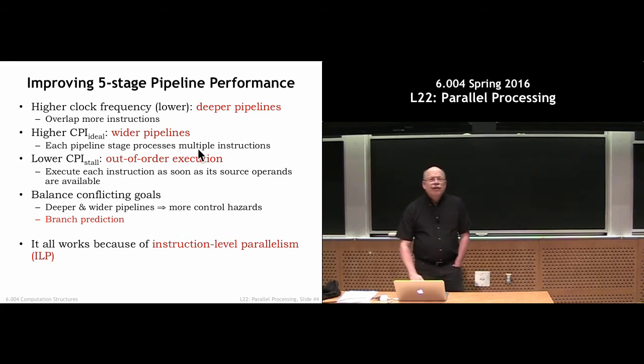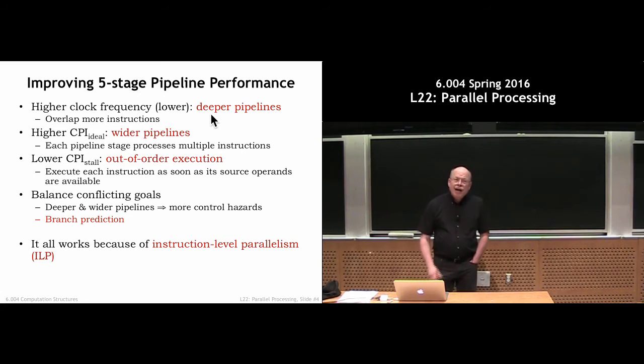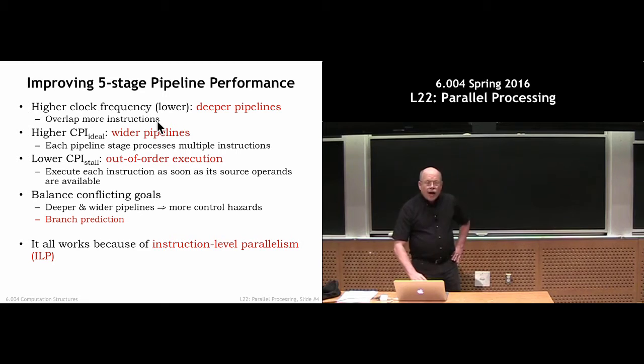So what can we do to fix up our 5-stage pipeline performance? Well, we can look for deeper pipelines, go to a 10-stage pipeline or a 20-stage pipeline in the hopes of taking our current clock cycle and dividing it by half again. The trouble, of course, with deeper pipelines is we have more instructions executing in parallel. In some way that's good, unless they interact.